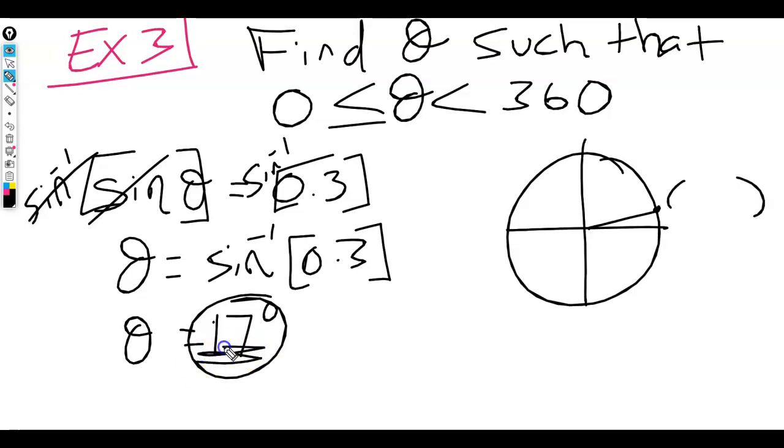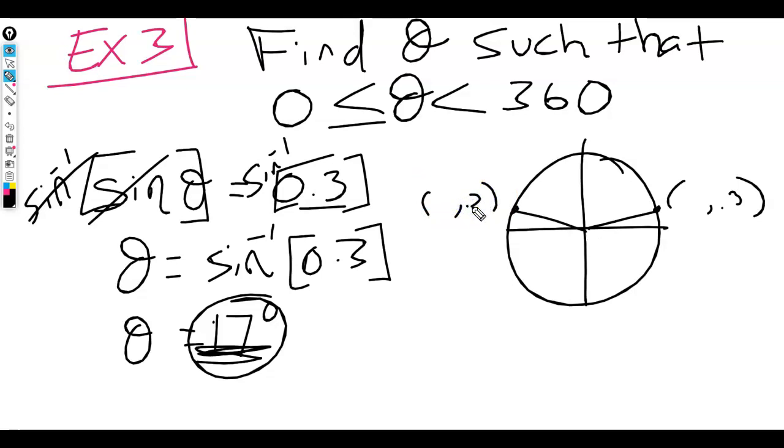So sine of 17 degrees is 0.3. So the y value here is 0.3. And what we talked about in the last slide was how the one that matches that is not directly below it, but instead directly across from it in the second quadrant. So over here we have a y value of 0.3.